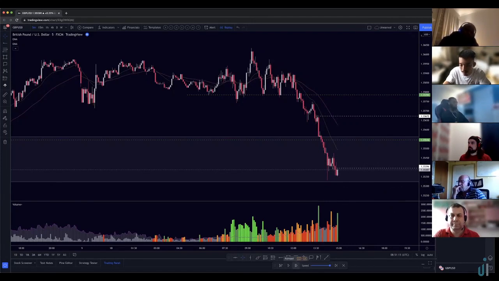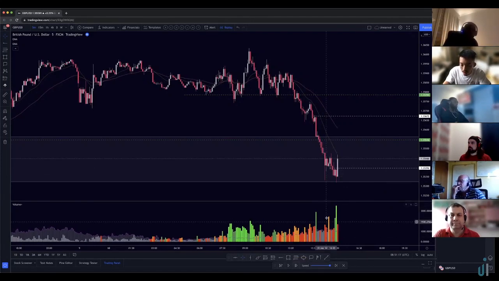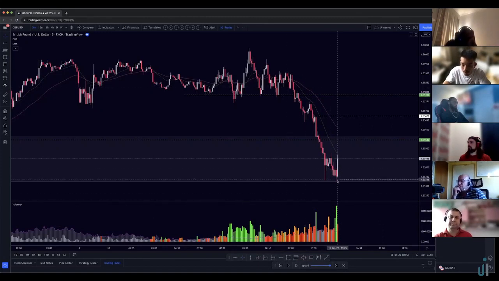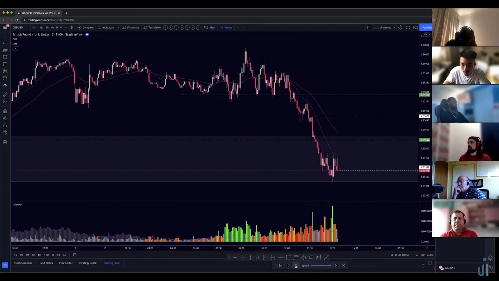Okay, so now we almost got the highest volume so far. The highest volume of this downtrend is at the bottom, right around here.